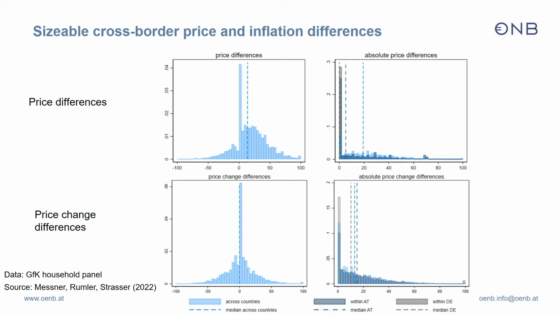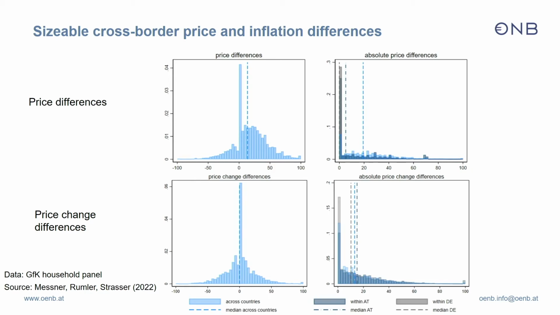And we see on the top left panel that the mode of this distribution, which gives you all those pairs of price differences across the border, is actually near zero. So most prices are not very different, but there is a big distribution, and the mass of the distribution is on the positive side.